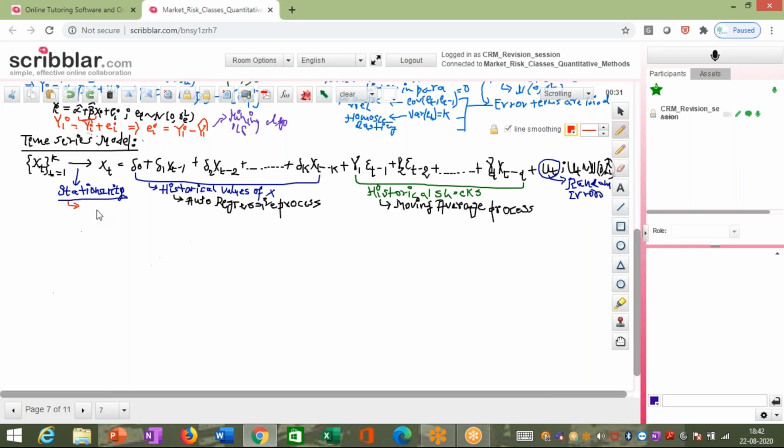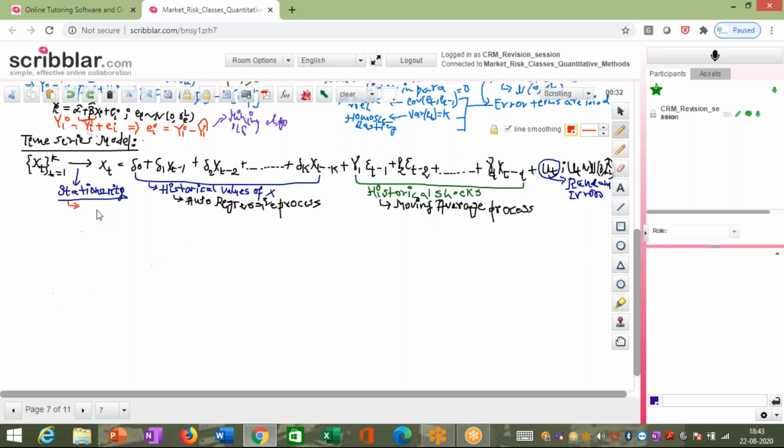However, when we try to predict the data, we should ensure that the mean and the variance of the data more or less remain unchanged throughout the different time points where we are computing the predictions, right? So if I take different subsamples from chunks of time and calculate the mean, I should get more or less a similar kind of mean.